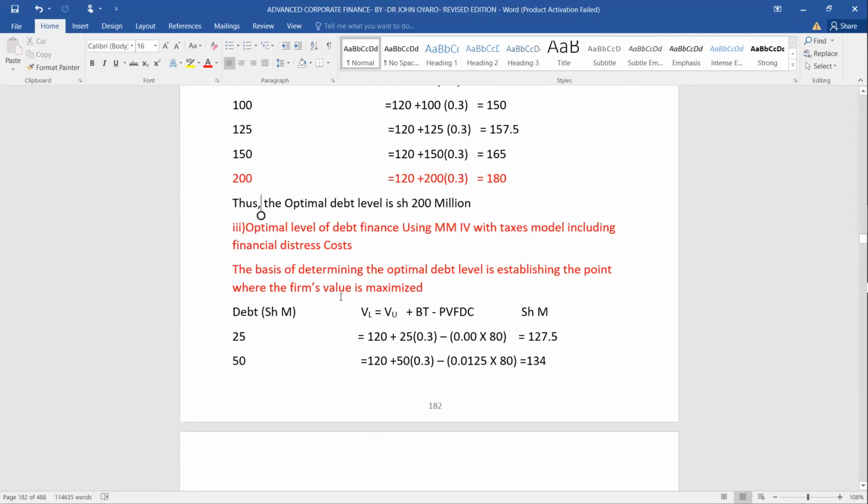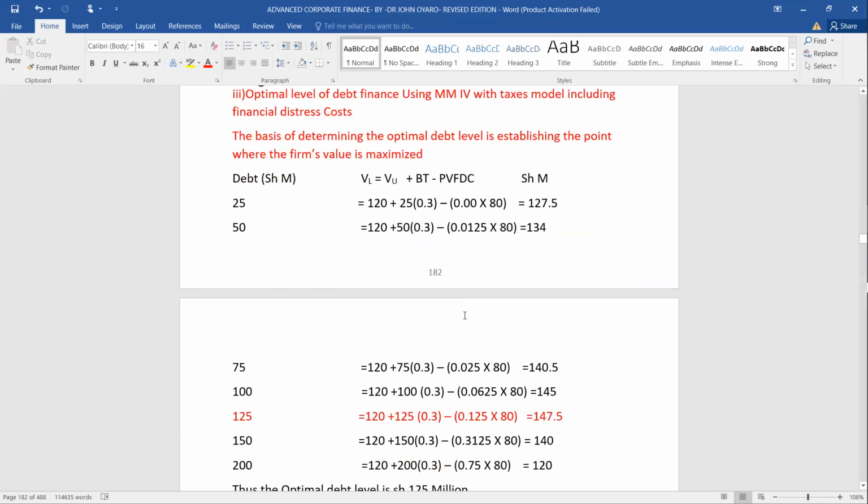So we'll repeat the same question. The value of a levered firm is the value of an unlevered firm plus debt times tax rate, that is MM2, less the present value of financial distress costs. Now, we don't have personal tax rates. Otherwise, we could have gone to MM3 and then removed the present value of financial distress costs.